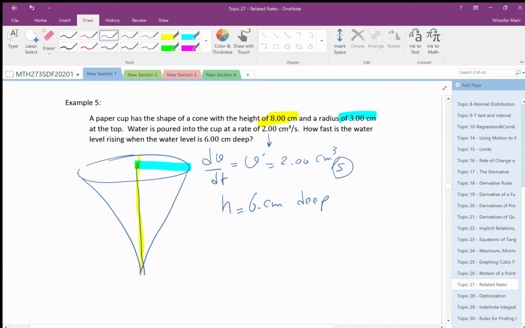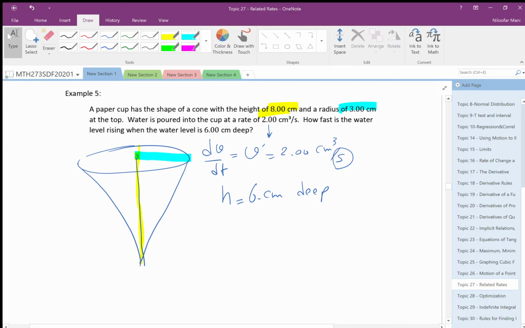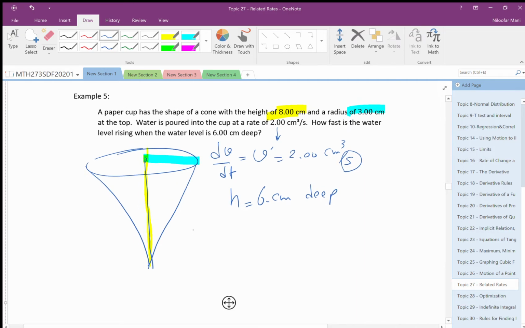But I have R as well. So we saw it in the other question. First of all, you have to say V is, because it's cone, V is pi R squared H divided by 3. Remember, when you have two variables, you can remove one of them. Can I remove?